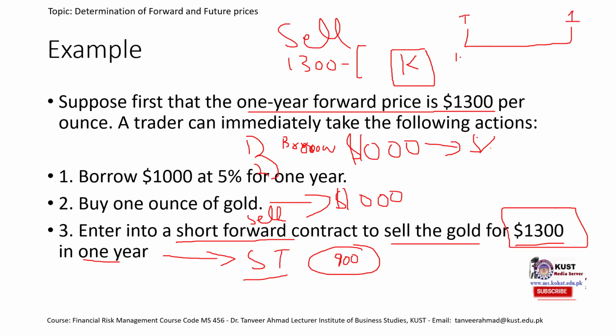He is borrowing the money today, borrowing 1,000. Why is he borrowing? Because he knows that the forward price is 1,300, so he should borrow this $1,000. He does not have the money, buys the gold, and then after 1 year he should sell the gold, right?